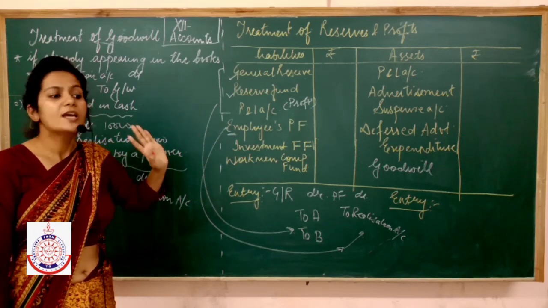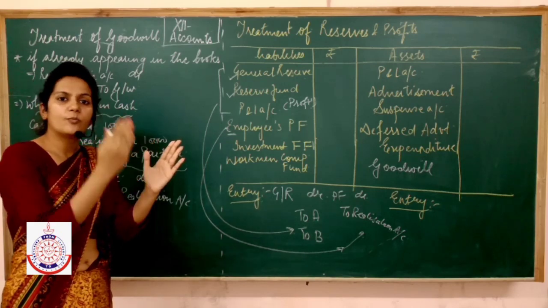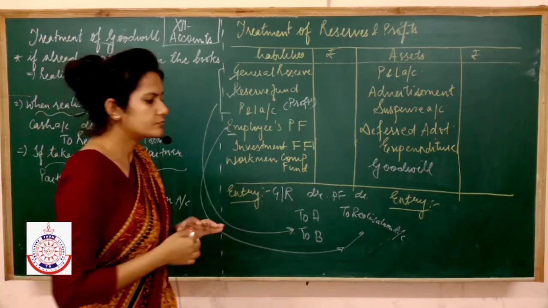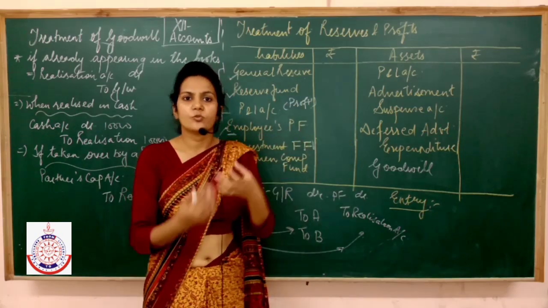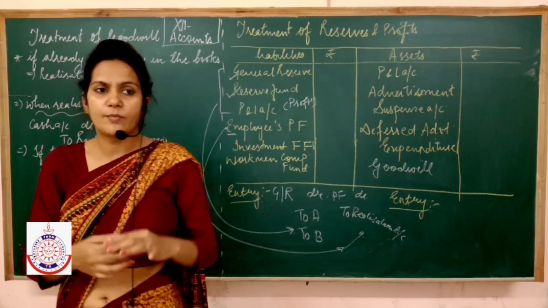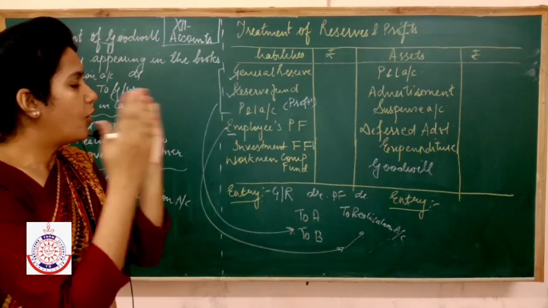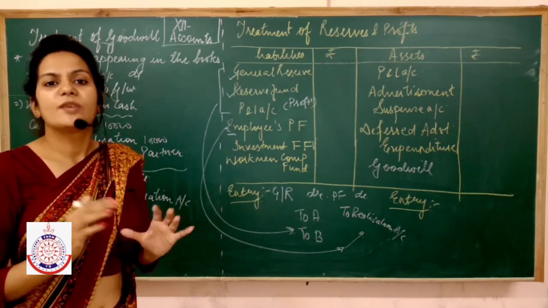You got my point? Rather we assume this thing that whenever you go to sell the investment in the market, then whatever cash you will realize after selling off that investment, it is already sold at a loss. Please make a note.